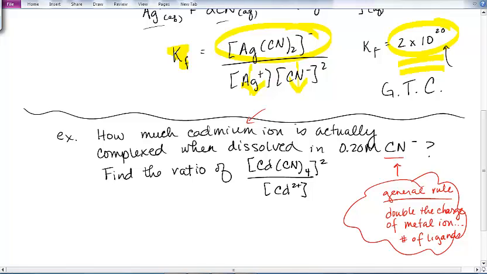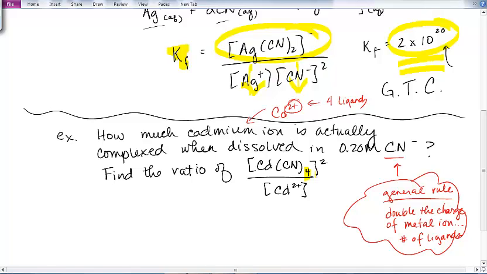Oops, it actually does follow, I'm not even thinking. In this case, the cadmium ion is +2. So it's not uncommon to find there being 4 ligands, double that charge. And in this particular case, you can see that, in fact, there are 4 ligands.